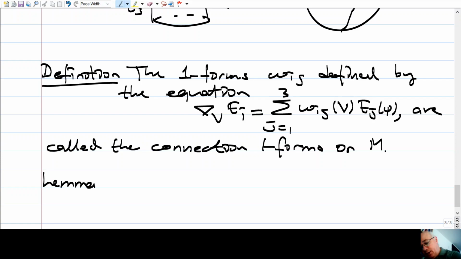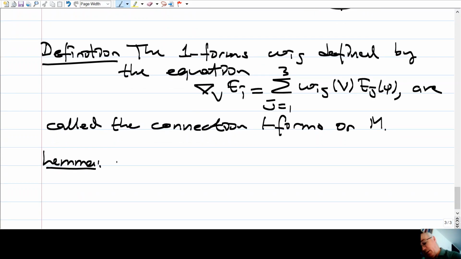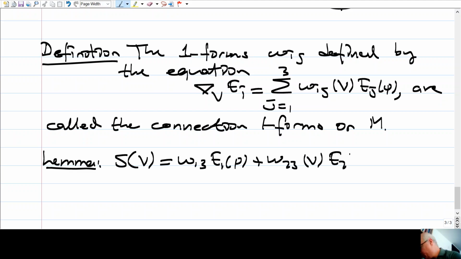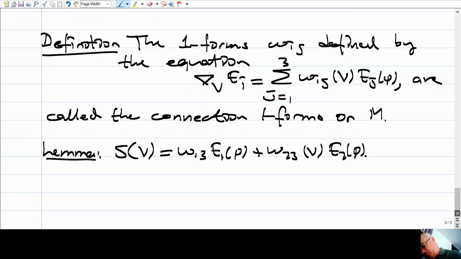We have an immediate lemma. The shape operator on any vector v is just omega 1 3(v) e1 at p plus omega 2 3(v) e2. Why is that?